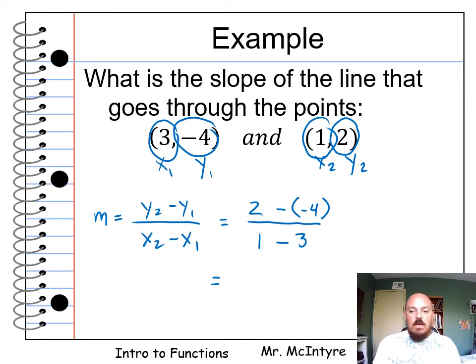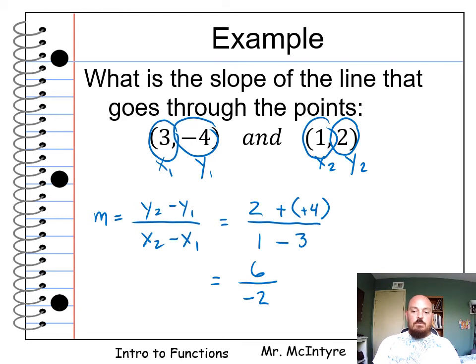Now remember last week we reviewed all of our properties of integers. When you're subtracting a negative, it's actually adding the opposite, it's adding a positive. So instead of 2 minus negative 4, I'm going to think of it as 2 plus positive 4, which would be 6. And then on the bottom, 1 minus 3 would be negative 2.